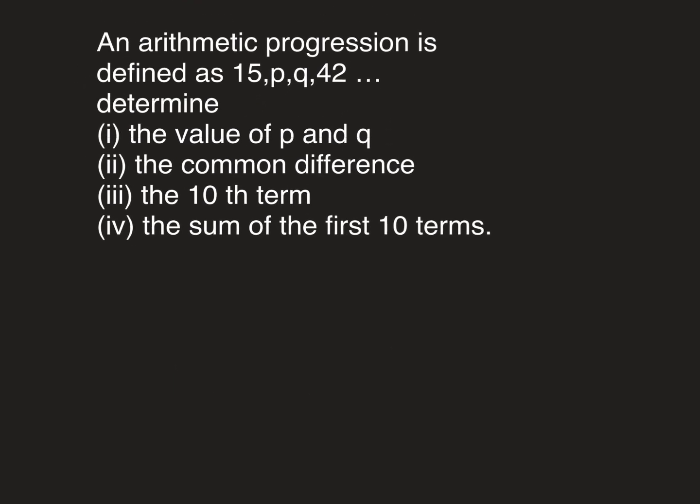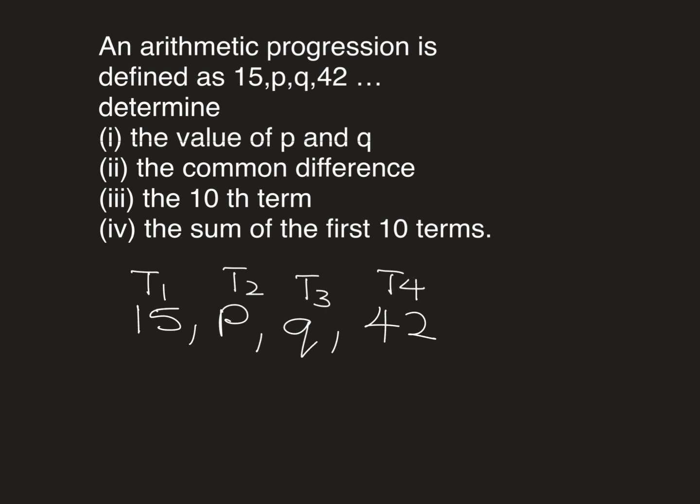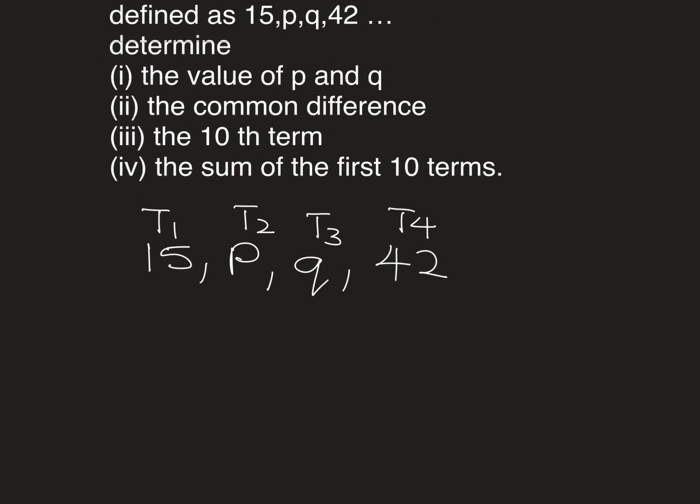So moving on, we will use that concept to answer this problem. If we have 15, P, Q, and 42, this is the first term, this is the second term, this is the third term, this is the fourth term. So we want to use the concept of arithmetic mean to solve this problem.